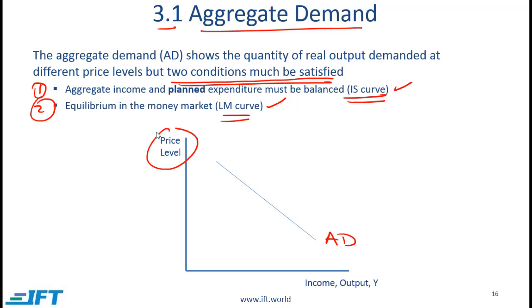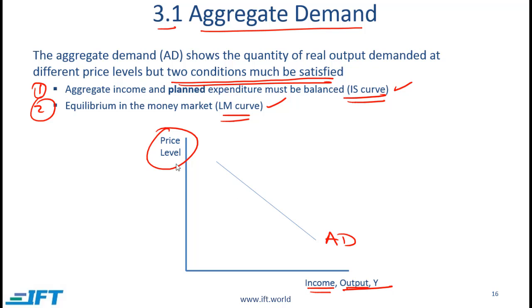On the y-axis we have price levels, and on the x-axis we have the real output denoted by Y. We can call it the output, and as we saw in the previous section, that is also the same as the aggregate income.